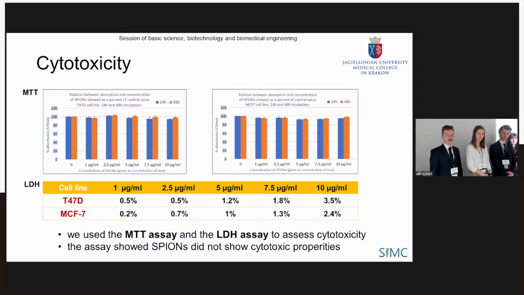Oh, thank you. What is the characteristic of those cells? Because I see you are talking about EMT phenotype. MCF7 for sure is not the invasive cell line, right? And what about the second, this T47D?